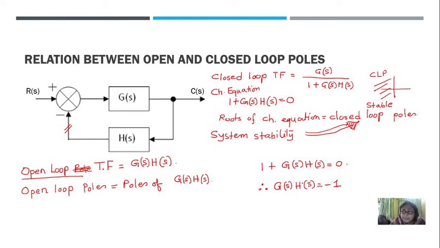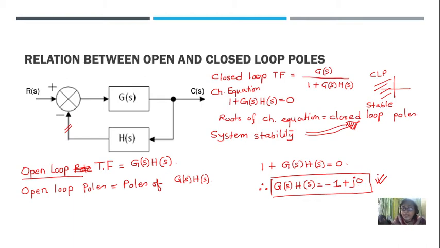So this condition, the relation between closed loop poles and open loop poles, is basically known as the stability condition, and generally it is written as G(S)H(S) equal to minus 1 plus j0. This is a very important concept of stability in control system, but we will discuss it afterwards.